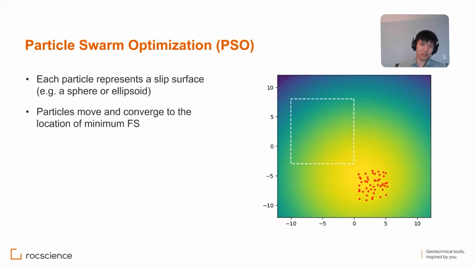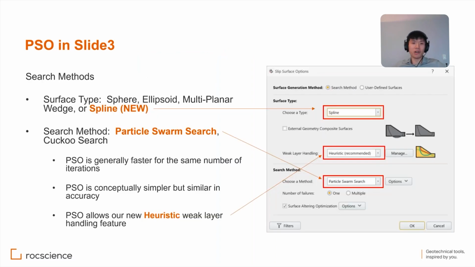Then these particles communicate with each other, and they move around the solution space, and eventually they converge over a number of iterations into a location where the minimum factor of safety is found. You can picture it like a swarm of bees moving around some sort of a domain, all searching for an optimum location, and communicating within the swarm between each other to find the minimum. And we found that it works very well.